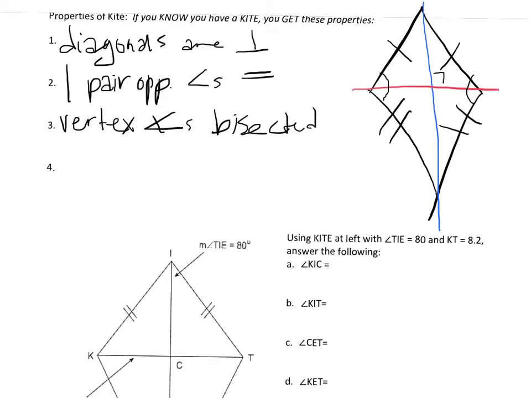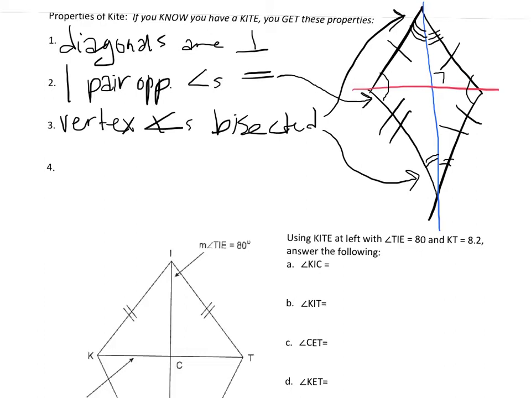So that's to say that this is the same angle as this, and the same up here, that this is the same measure as that. And so that is what we mean by vertex angles. And the opposite angles are these ones right here.